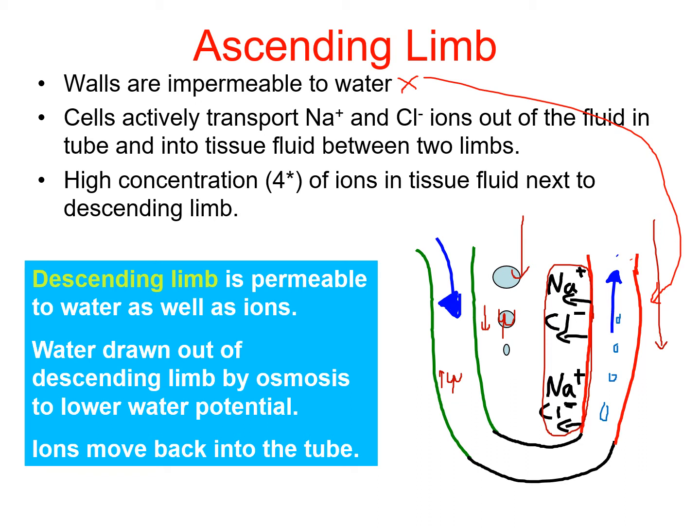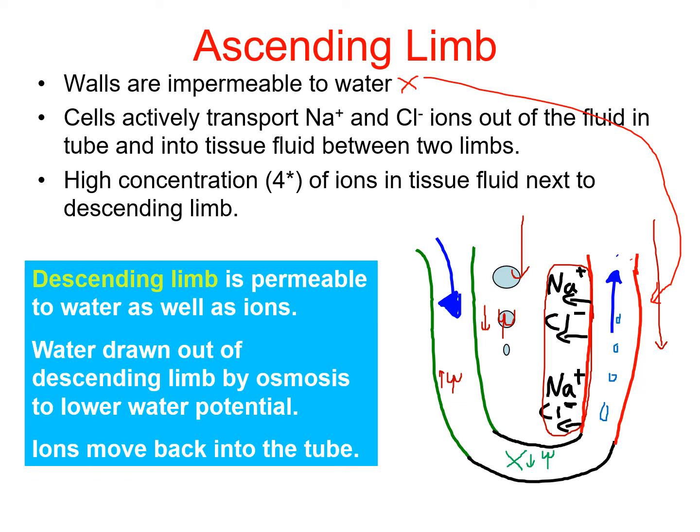Now, what that means, and I think this is a good time to show you, is the highest concentration is here in the loop of Henle. That is the point where you would have, in the tissue fluid anyway, the lowest water potential or the highest concentration, because at this point you've lost the water.